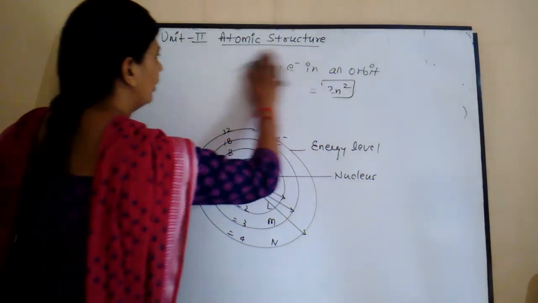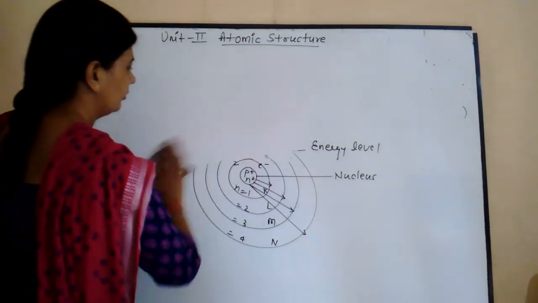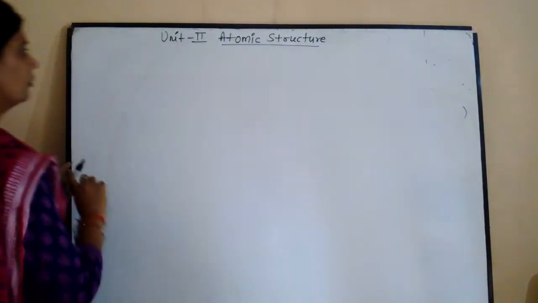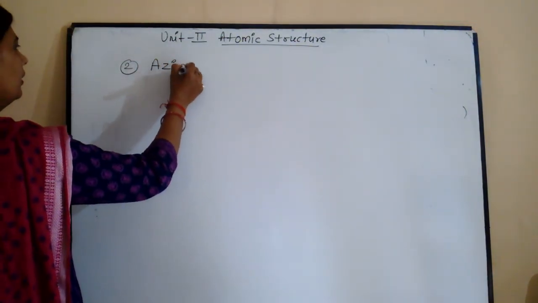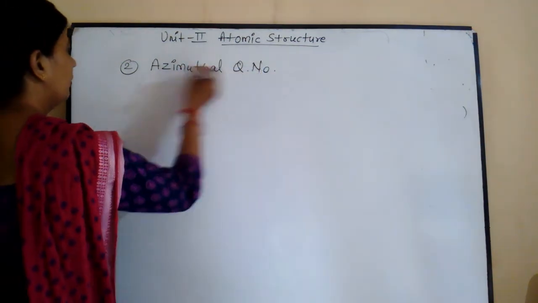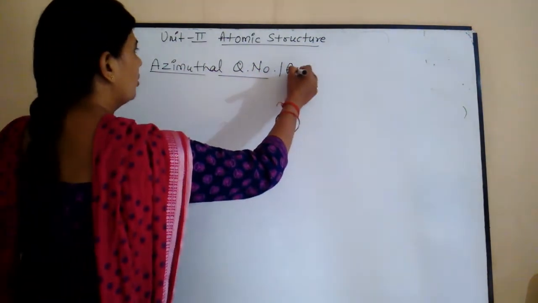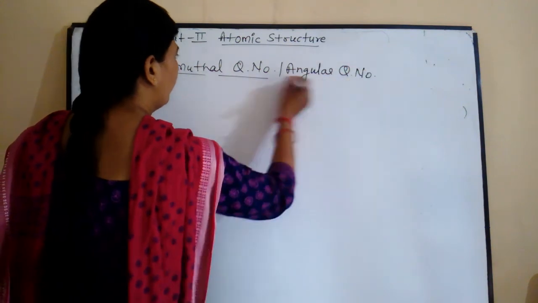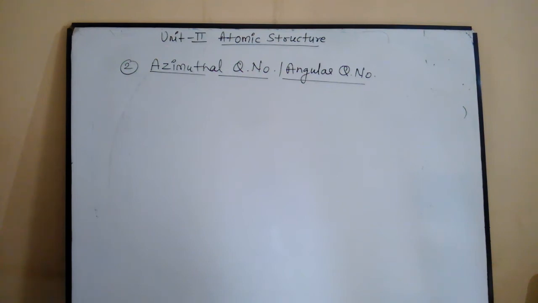Now the second one is the azimuthal quantum number, also called the angular quantum number.